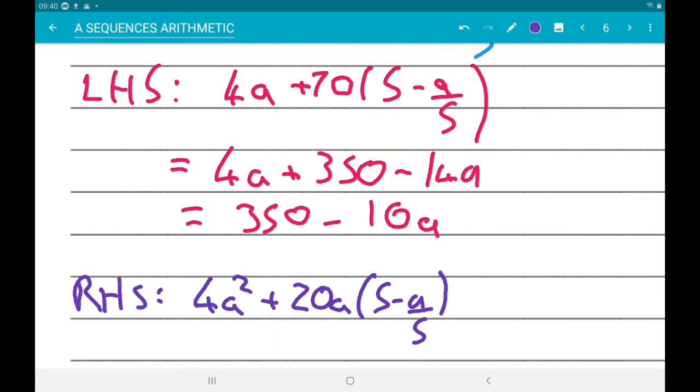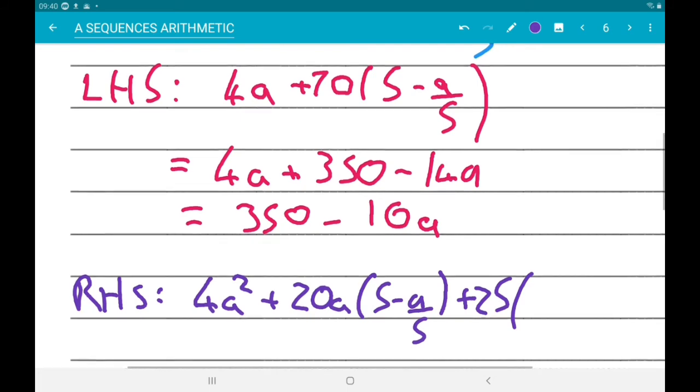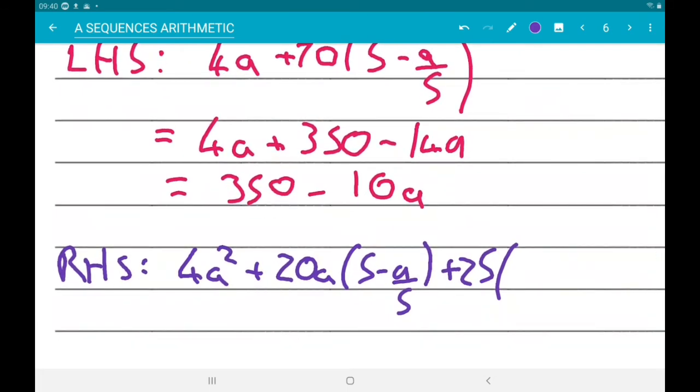And then add 25d squared, so that's 25 times 5 minus a over 5, squared. So that's 25.